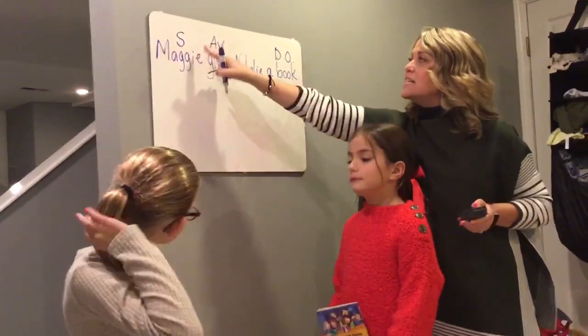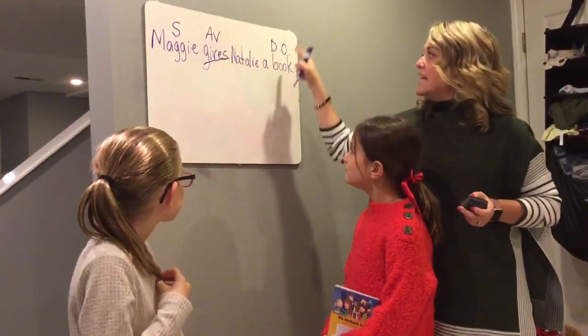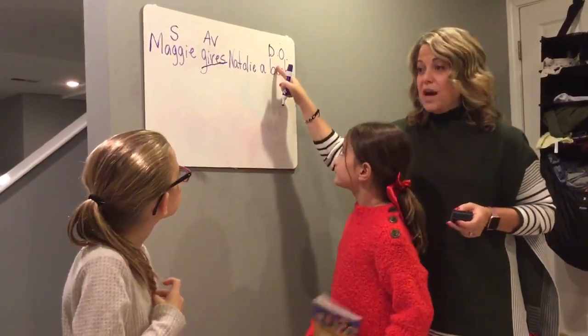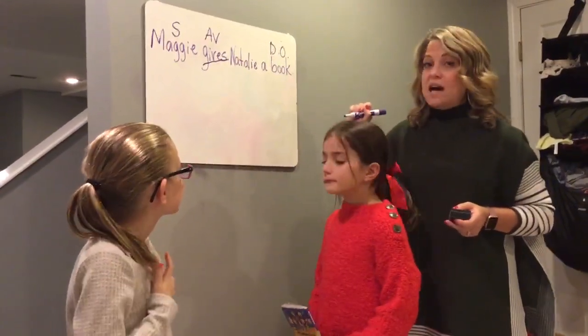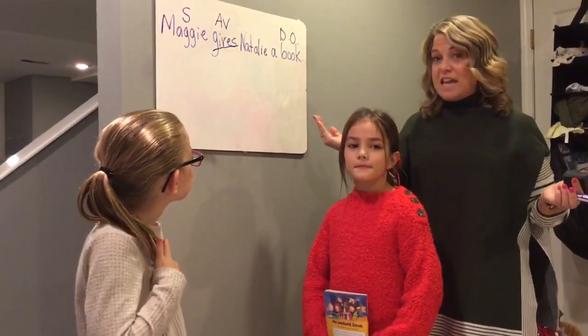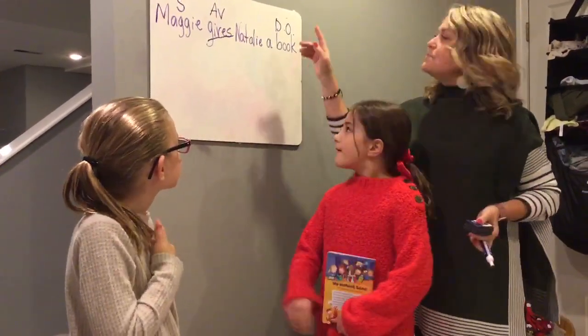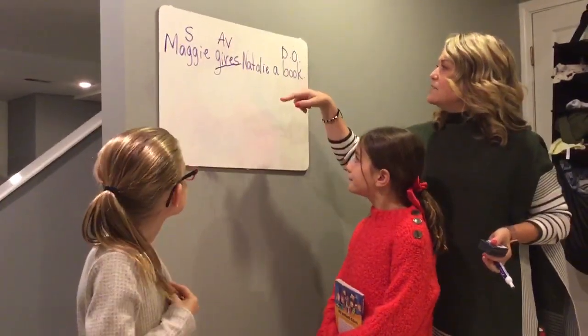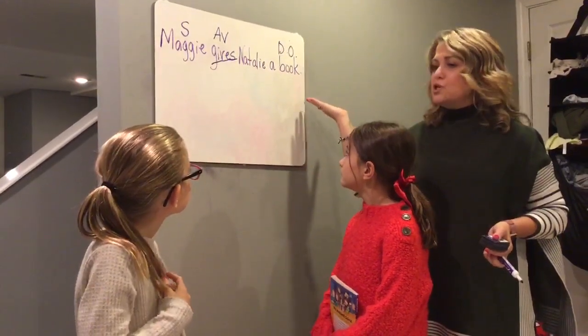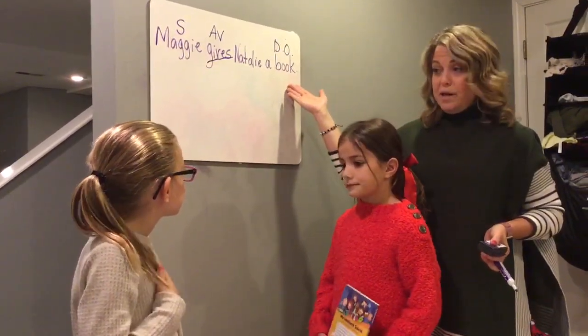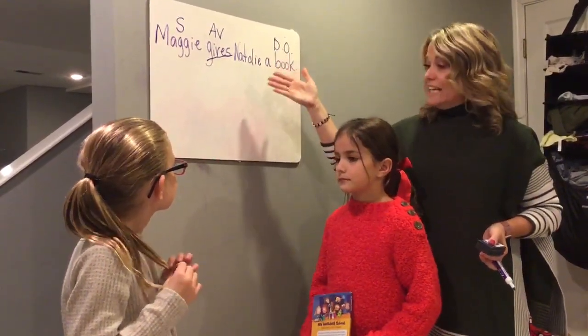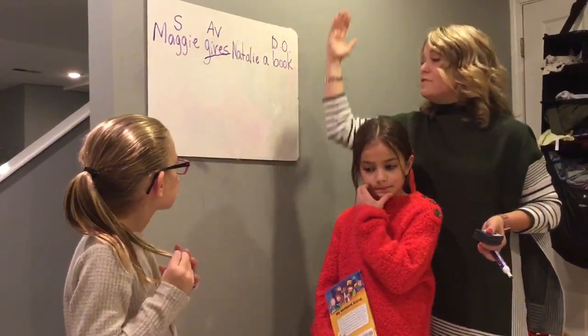We have a subject, an action verb, and a noun that answers the question what. So it is a direct object. Now we have to ask ourselves another question. Maggie gives Natalie a book. So to whom does Maggie give the book?